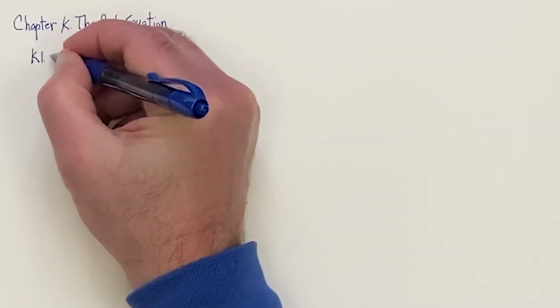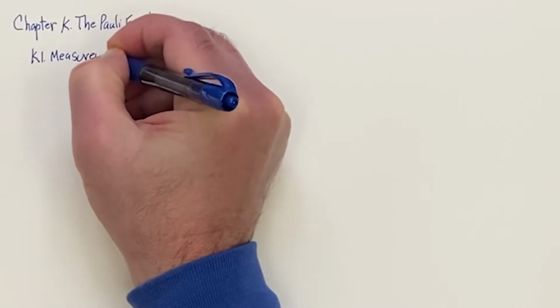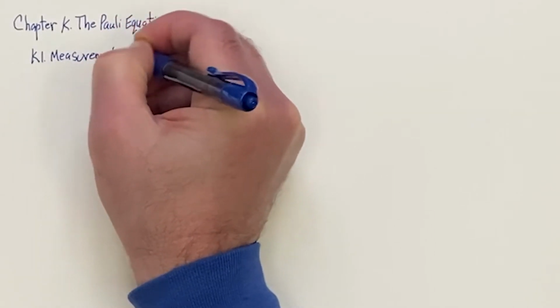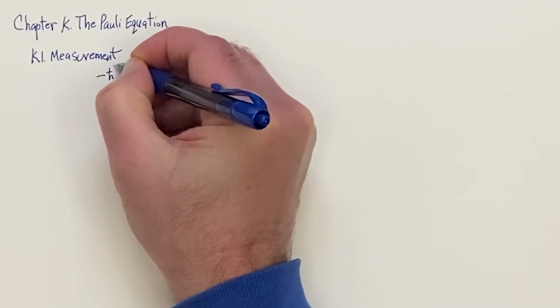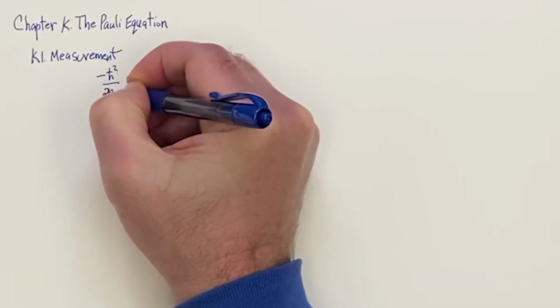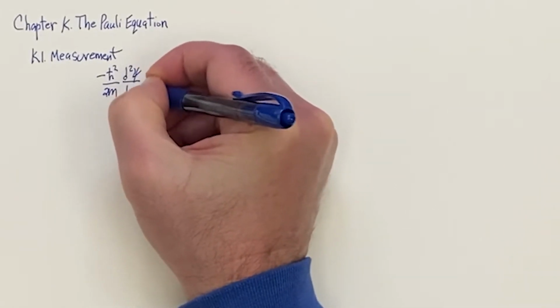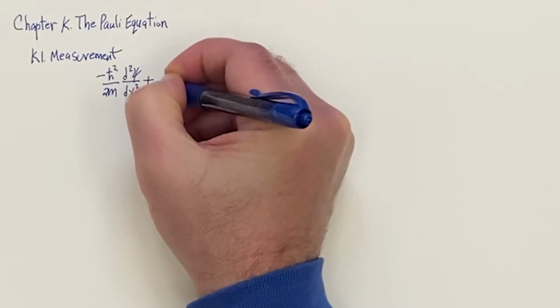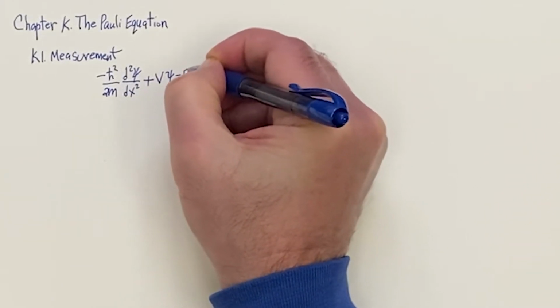K1, measurement. If we look at the Schrodinger equation in one dimension, the time independent version, here's what we have.